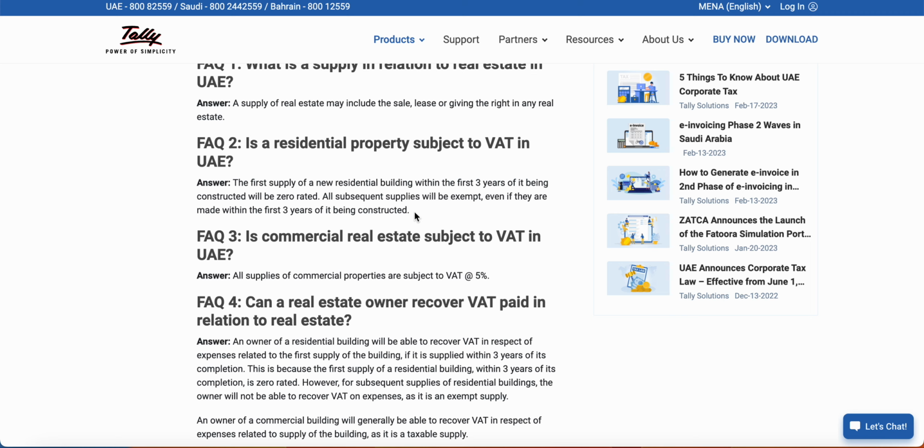when the question arises of registering with the Federal Tax Authority in UAE, for registration there is only one rule: if you reach the point of 375,000 dirhams in the previous 12 months, then you will have to register in the next 30 days, or if you get a notice, you have to register in 10 days.